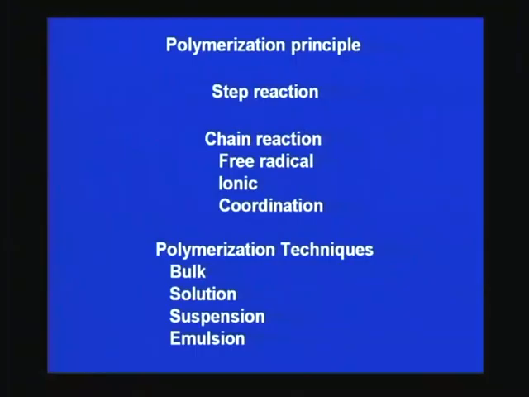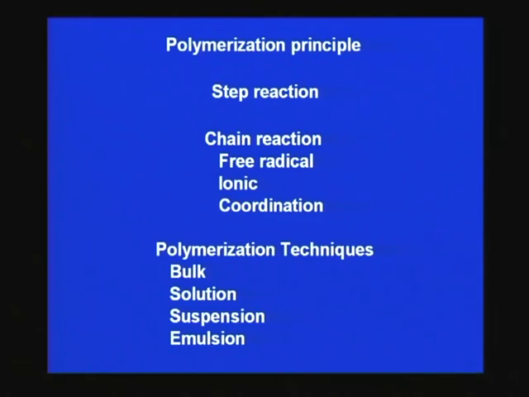All right. So, the polymerization principle you know already. The step reaction principle, I have explained, because these polymers are synthesized involving reaction between a carboxyl group and a hydroxyl group, or a carboxyl group and an amine group, leading to ester or amide group.